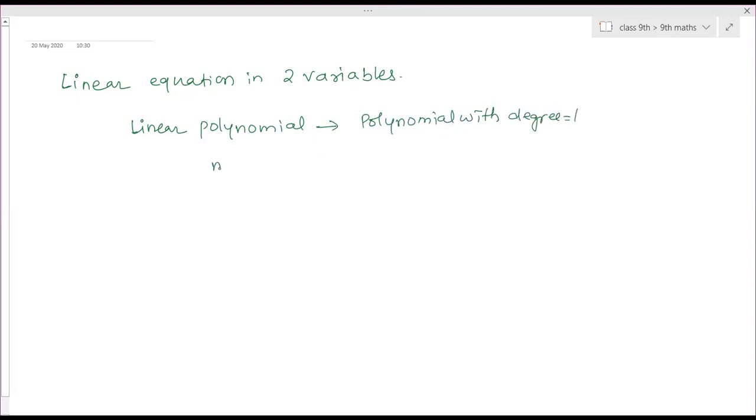That means the maximum exponent of any variable is 1 only. So we call that a linear polynomial. Now suppose ax plus b is a linear polynomial. If we equate it to 0, then this is called a linear equation.